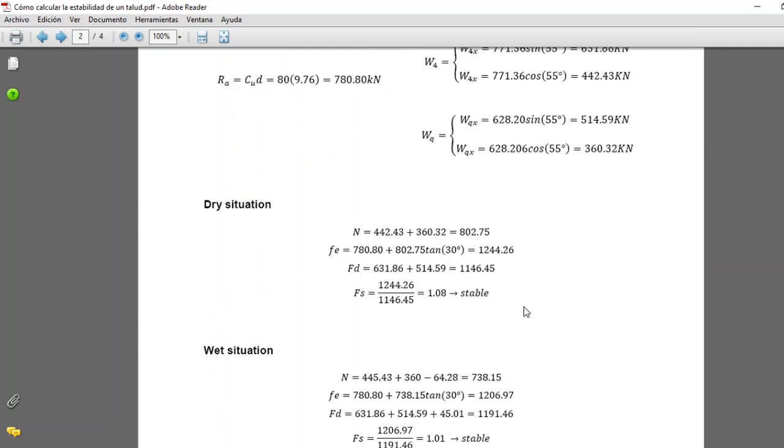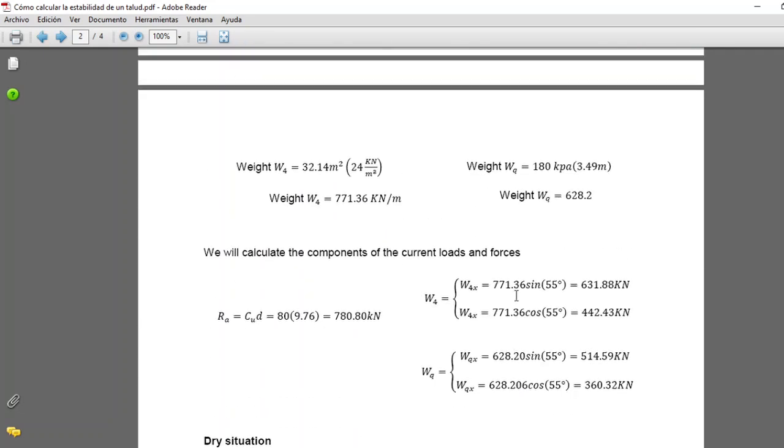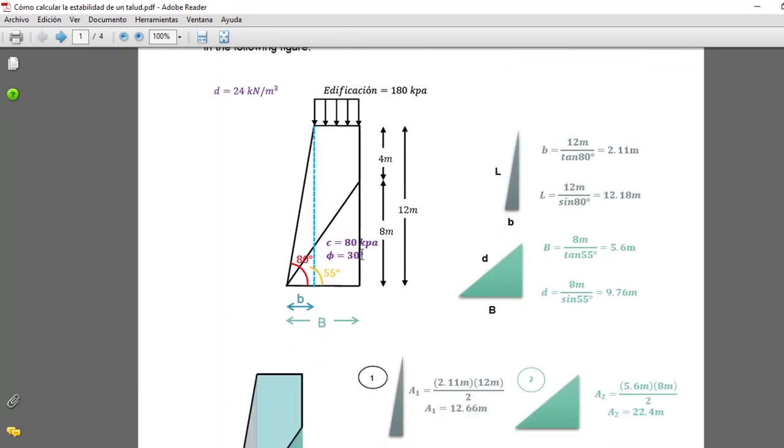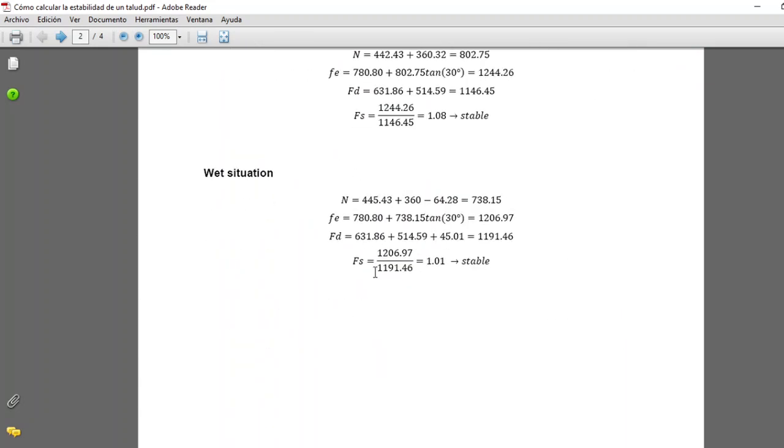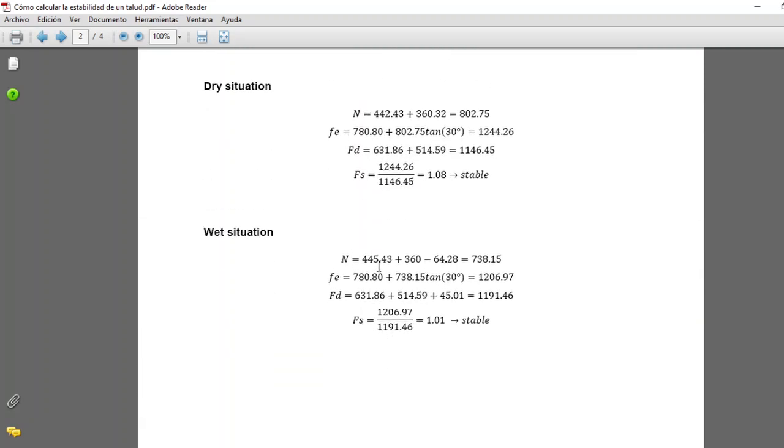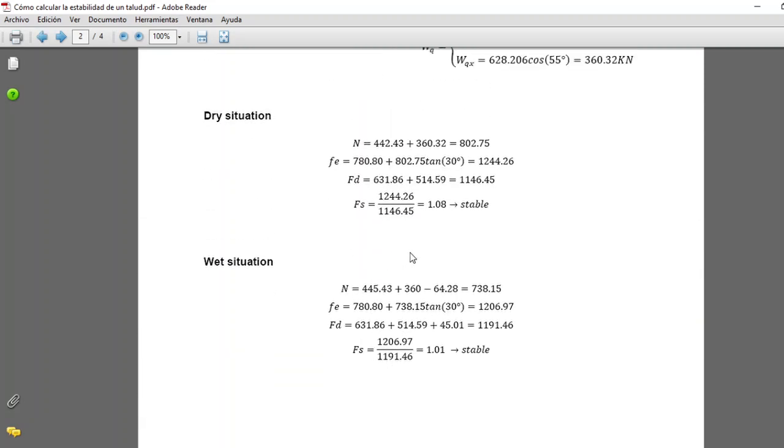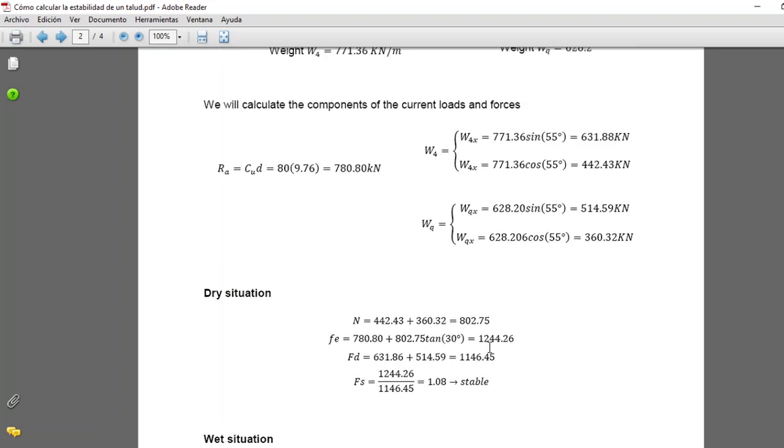Why 30 degrees? This is the reason that we use 30, and we have 1244.26 for FS.